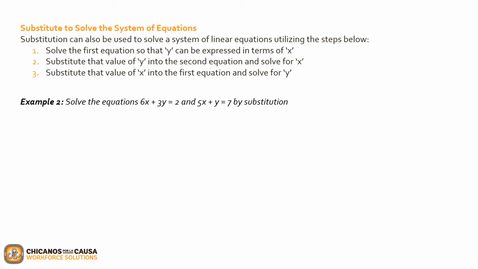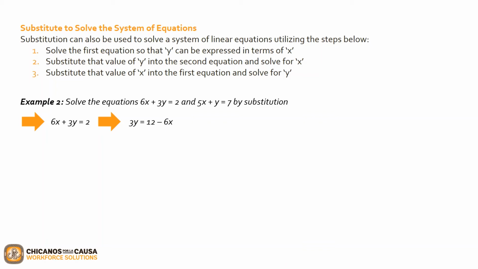So we're going to start here with our first formula. Now, what we want to go ahead and do is actually get that y by itself. So remember, that's our first step. We're going to solve the first equation so that y can be expressed in terms of x. We went ahead and did that by removing that 6x from the left-hand side of the equation and moving it to the right.